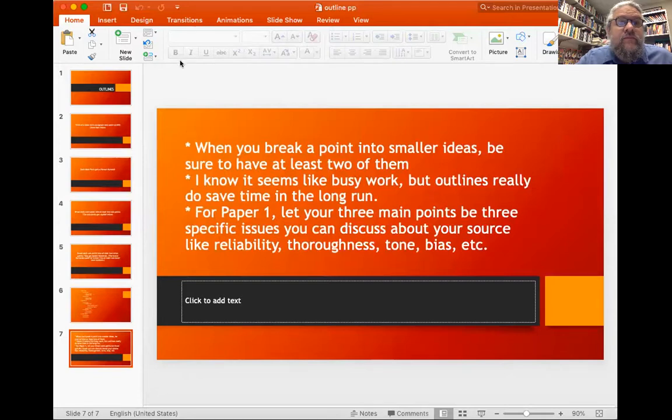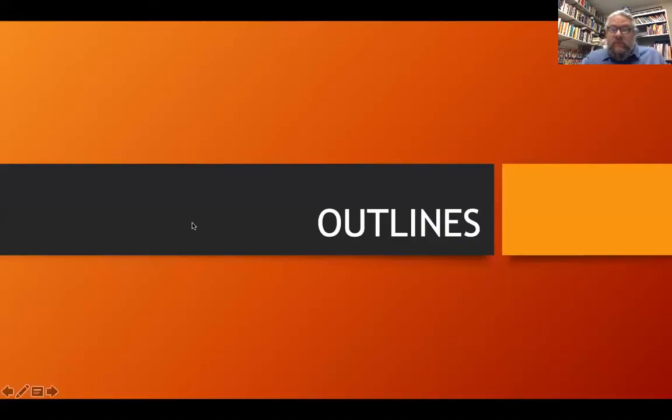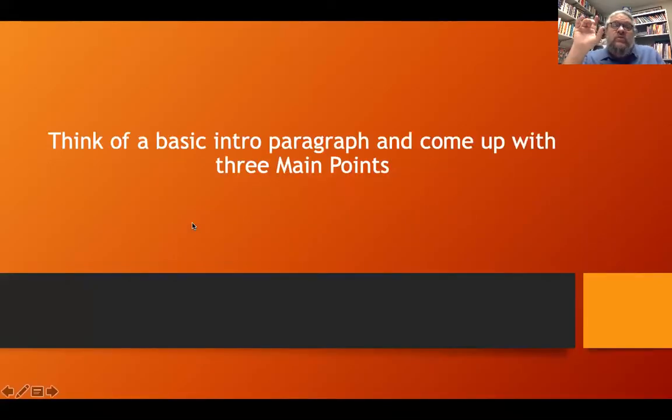For outlines, what you need to do for writing assignment 6 is create an outline for your paper. What you've got to do first is think of the intro paragraph and then come up with 3 main points.